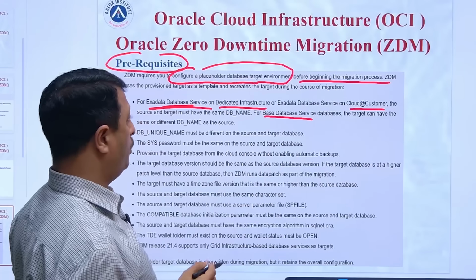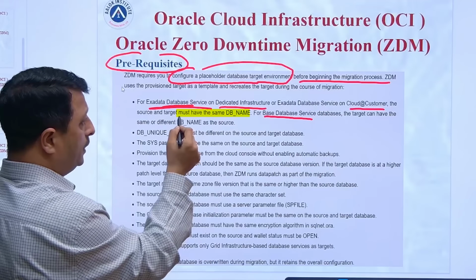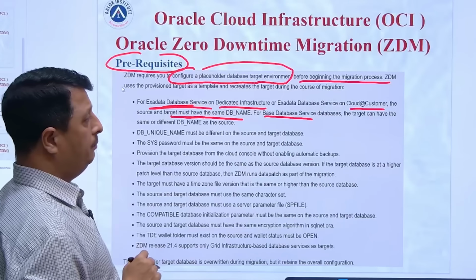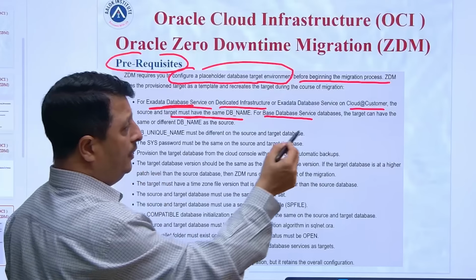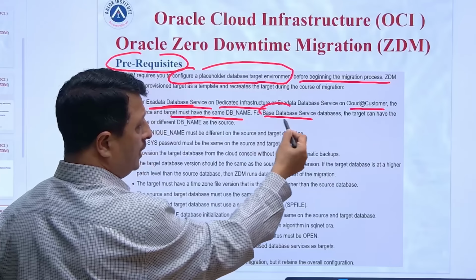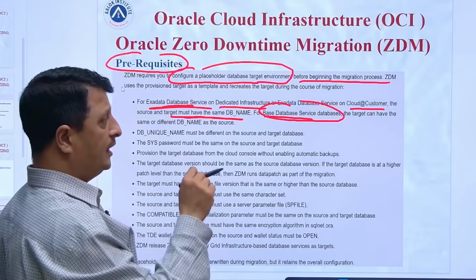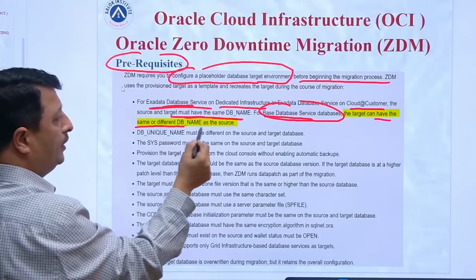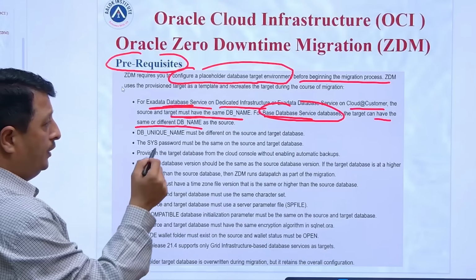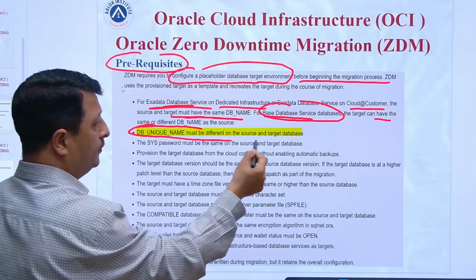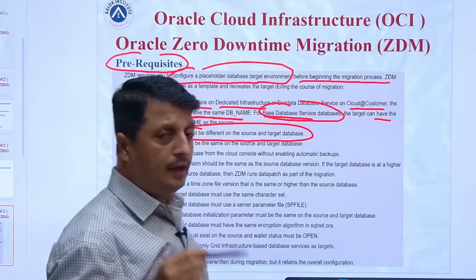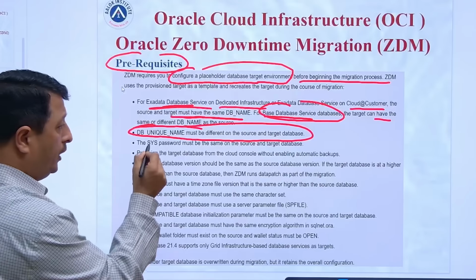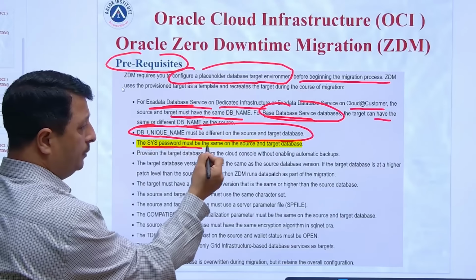A point to note here: the database must have the same name. But if the target is a base database service, the database can have the same or a different database name. Here we must have a different name: the DB unique name must be different. It's mandatory. And important here is that the sys password must be the same.